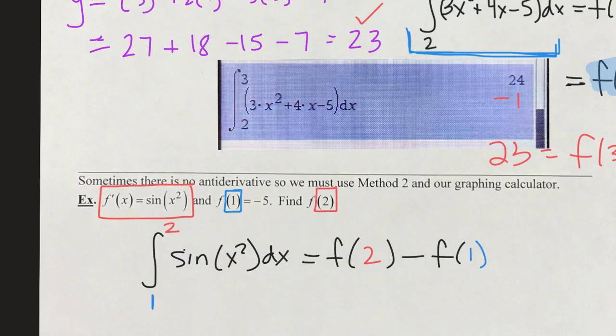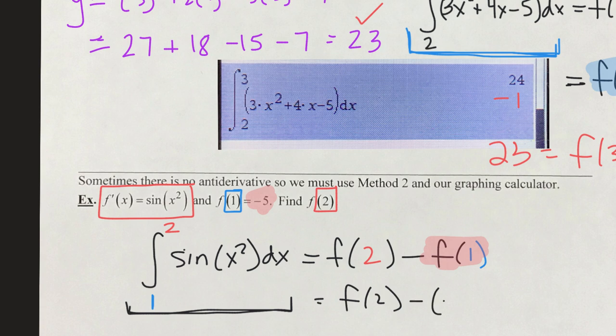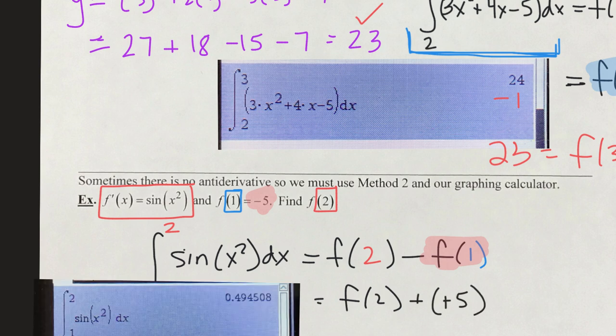So now let's use our calculator to tell us what this value is. We want to find f of 2. We know f of 1 is negative 5. So minus negative 5 will become a plus here, plus 5. 0.494508. That is what the integral from 1 to 2 of sine of x squared happens to be.